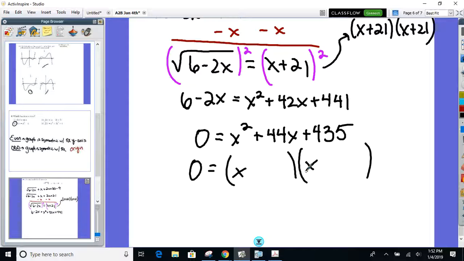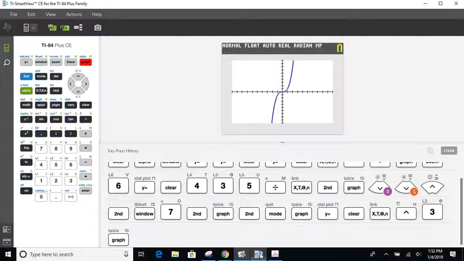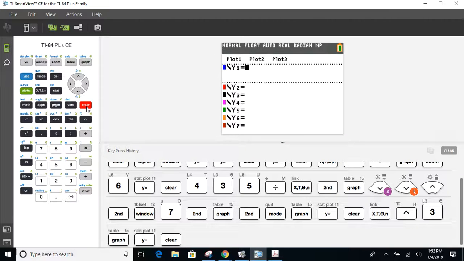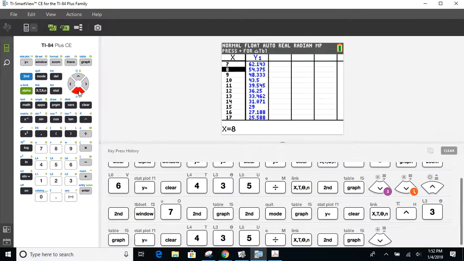Your ninth grade teachers back in the day tell you the little y equals trick. I'm not a big fan because it's a trick, but you guys that don't know, you go to y equals, you type in the number that you're supposed to multiply to, so in our case 435, divided by x, and then you go to your table of values and you find one that'll hopefully bring you to 44 somehow.